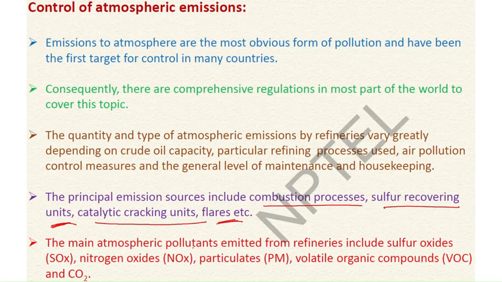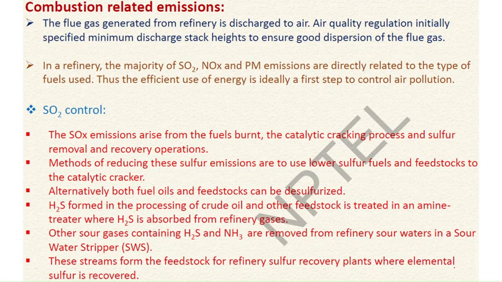The main atmospheric pollutants emitted from refineries include sulfur dioxide, nitrogen dioxide, that is SOx, NOx, particulates, volatile organic compounds, and then CO2. Combustion related emissions: the flue gas generated from the refinery is discharged to air. Air quality regulation initially specified minimum discharge stack height to ensure good dispersion of the flue gas.